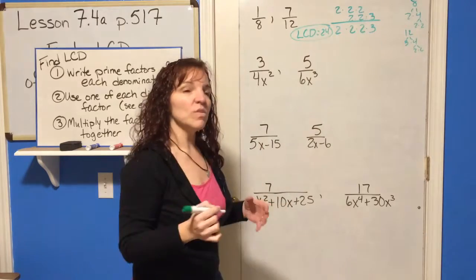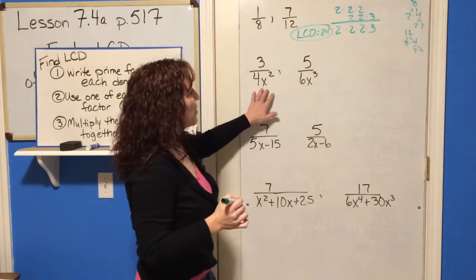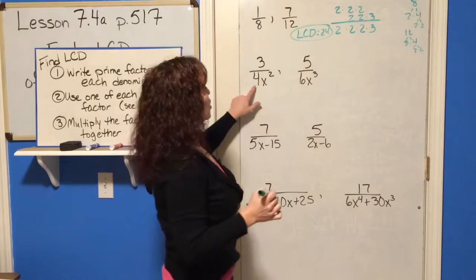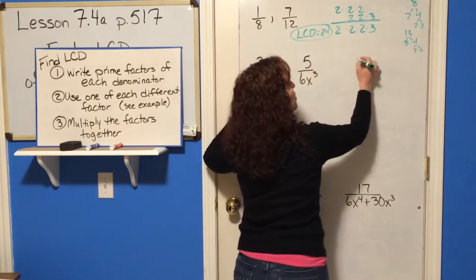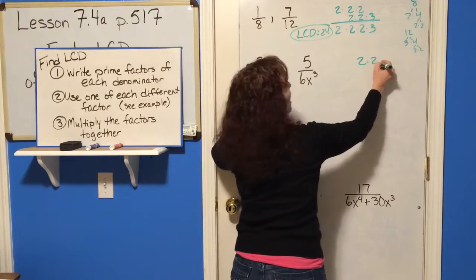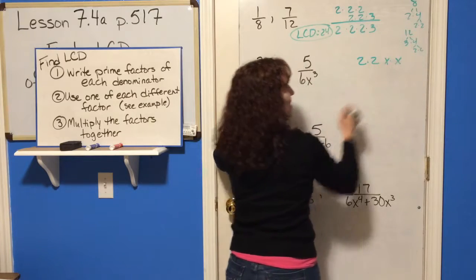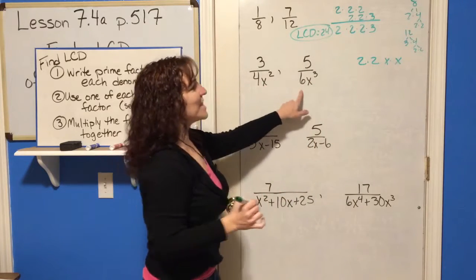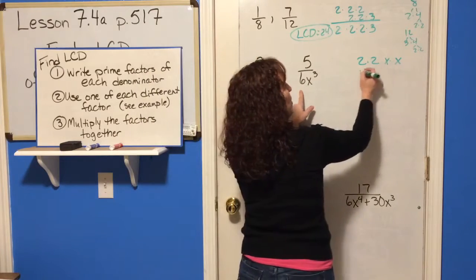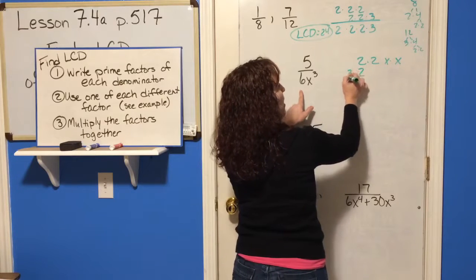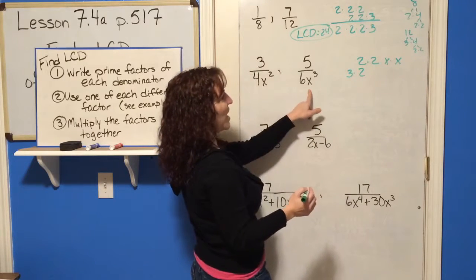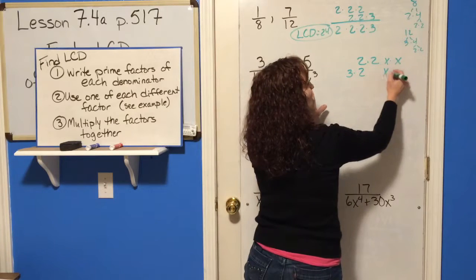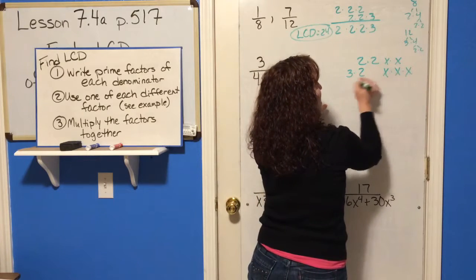All right? Let's do the same kind of thing if we've got x's involved. So I know that 4 is 2 times 2, and x squared is x times x. And 6 is 2 times 3, so I'm going to put the 2 here. Let's put the 3 here so it's not lined up with anything. And x cubed is x times x times x.